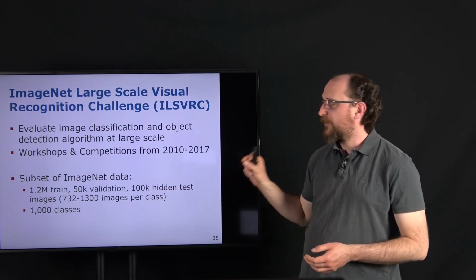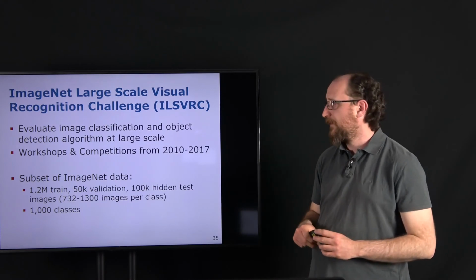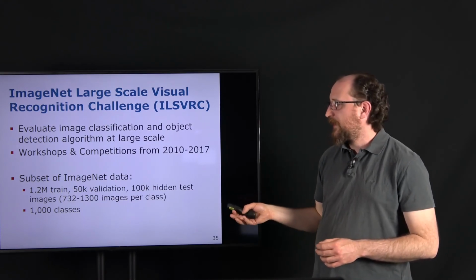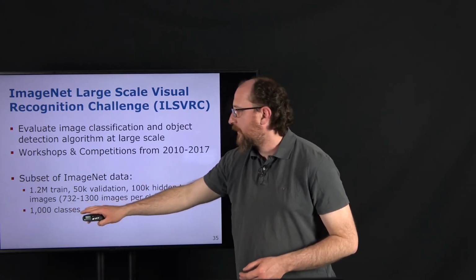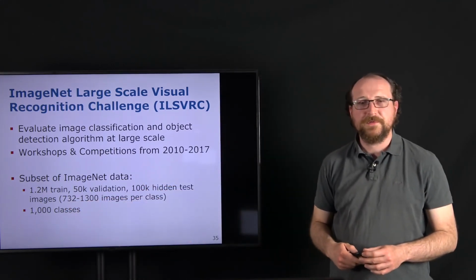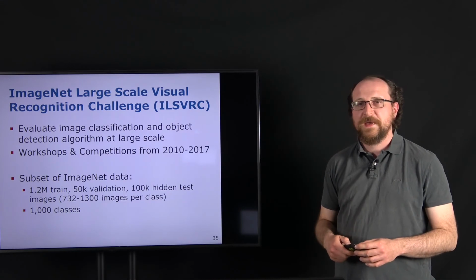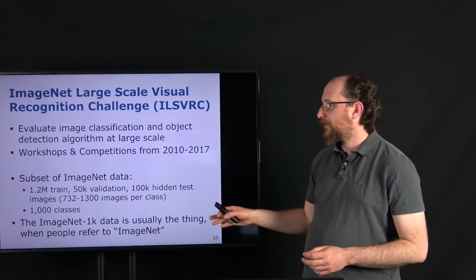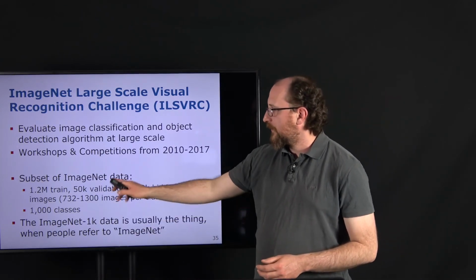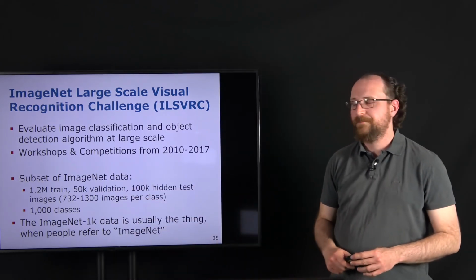And I think they also restricted the number of submissions. This resulted in over 700 up to 1,300 images per class. And when people talk about the ImageNet dataset, they are usually referring to the ImageNet 1K dataset, to this specific part of ImageNet.